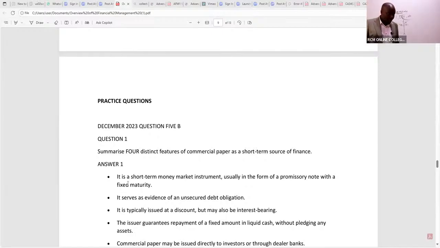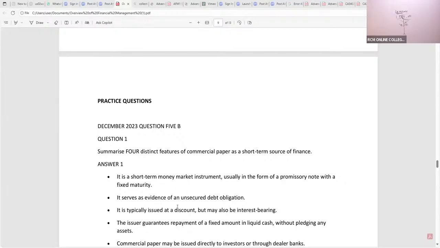So when I give RCM Joshua 10 million Kenya shillings against this commercial paper, which is a contract, I have a promise from RCM that I'll get 10 million Kenya shillings plus interest. So it has fixed maturity. It serves as evidence of an unsecured debt obligation. Remember, commercial paper being short term, just like an overdraft, we don't involve collateral. So it is evidence of an unsecured debt obligation.